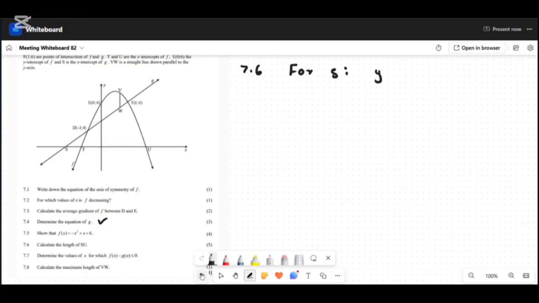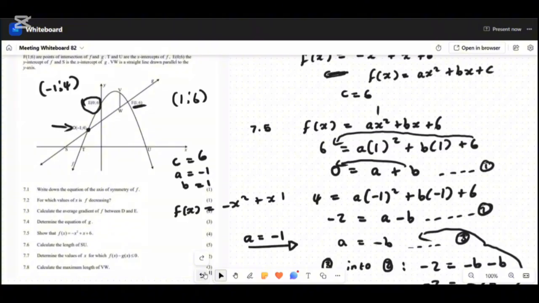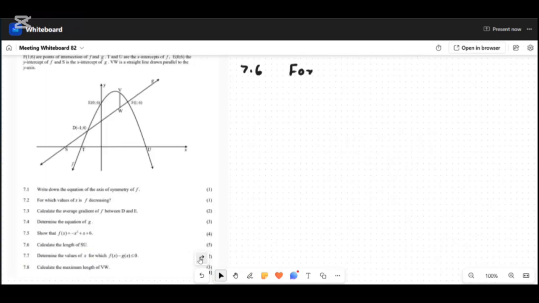Now I have to go back. G of x is equal to x plus 5. Is equal to x plus 5, right?